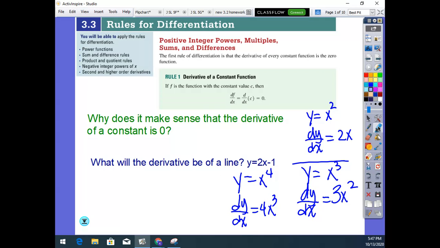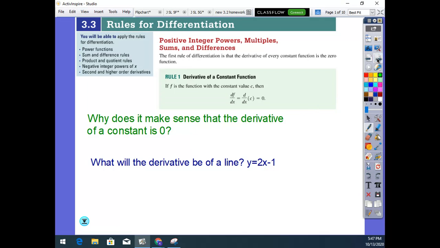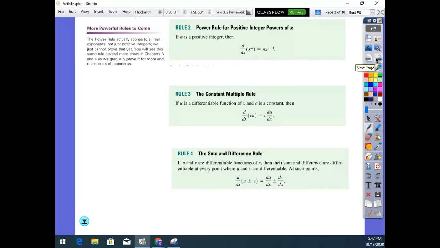All right, so where did this 2 come from? The exponent. Where did this 3 come from? The exponent. Where did this 4 come from? The exponent. So each time what's happening is we're dropping the exponent to the coefficient, and we're subtracting 1 from the original exponent. My derivative is always 1 degree lower. So our power rule for derivatives is lower the exponent to the coefficient and subtract 1 from the exponent.